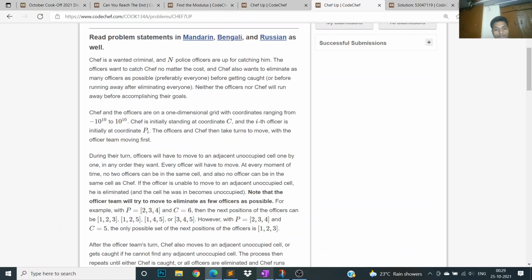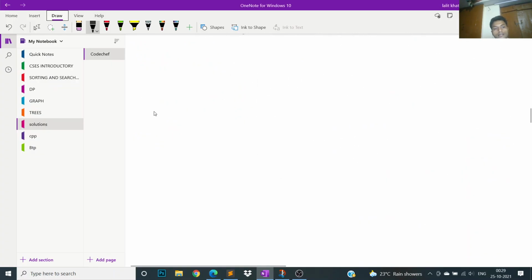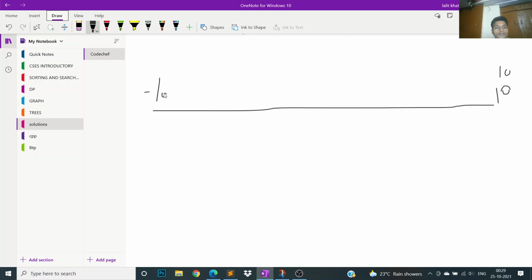So we have a very big string, from minus 10 to the power 10 to 10 to the power 10. Somewhere the chef is here and the other policemen are here.